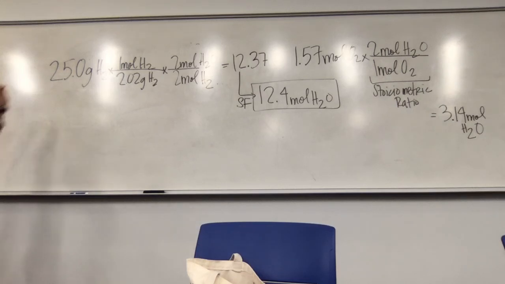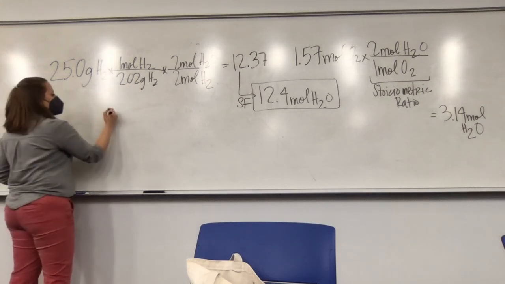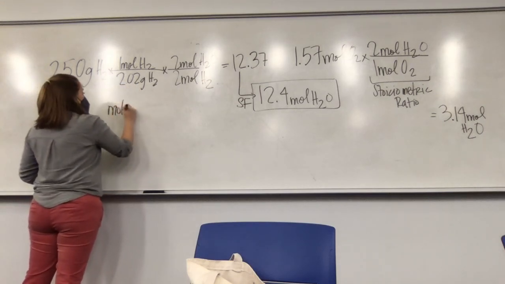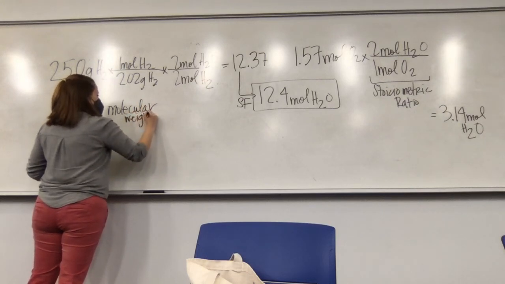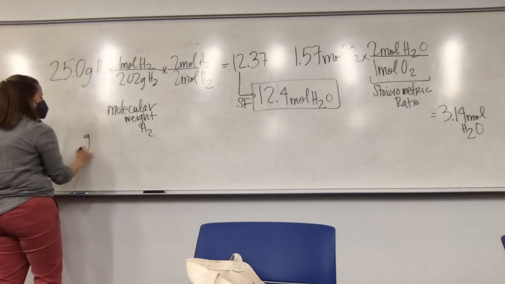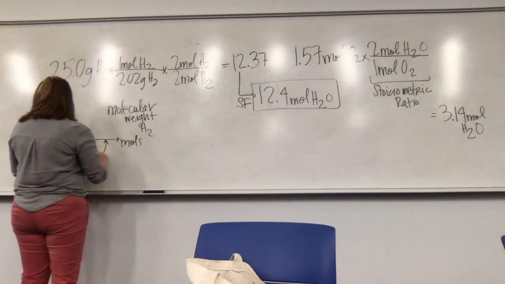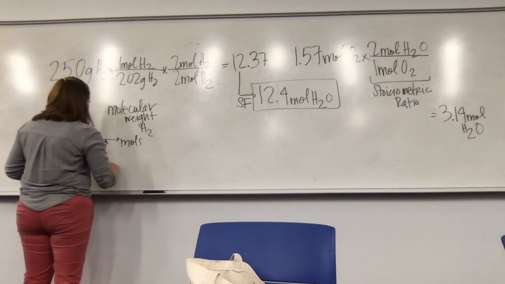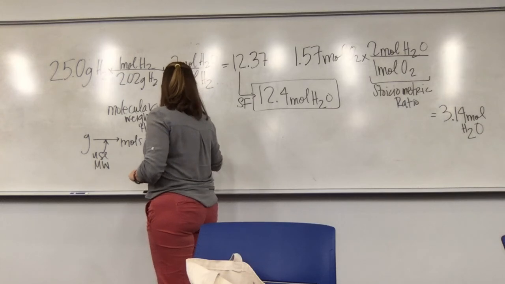Yeah. So this 2.02 grams of H2 is the molecular weight of H2. So we go from grams, we want to convert to moles. We're going to use molecular weight here. Then we want to convert to moles.